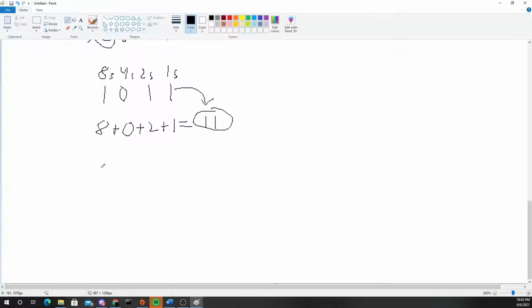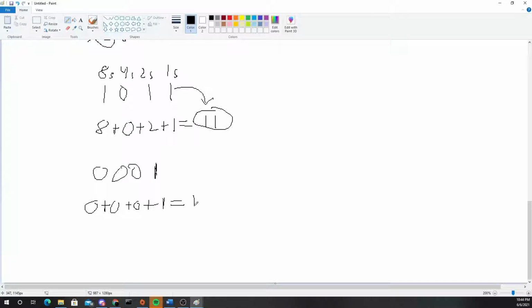If we did one more, where we just had 0, 0, 0, 1, and we only had a 1 in our ones place, this would equal 0, since we have a 0 in our eights place, plus 0, plus 0, because both the 4's and the 2's place are also 0, plus 1, which would equal 1.